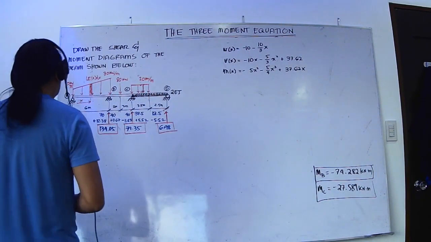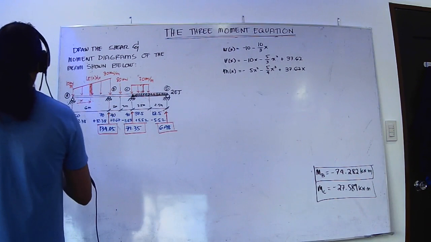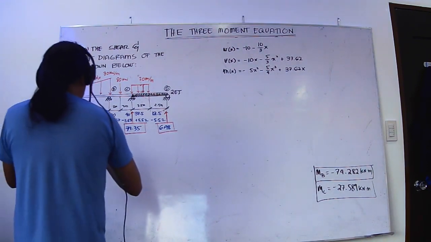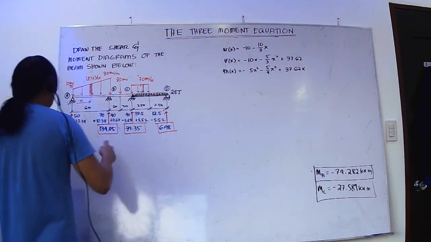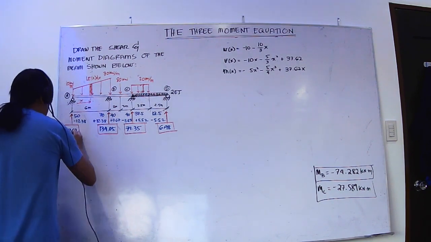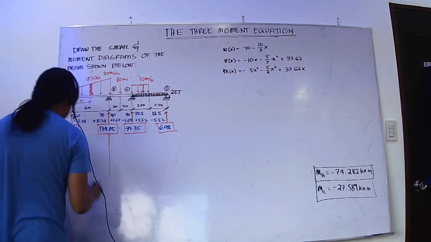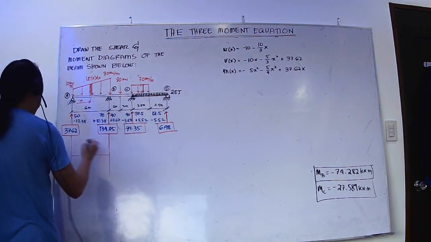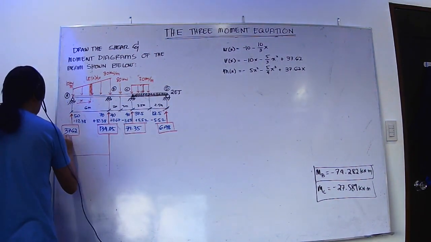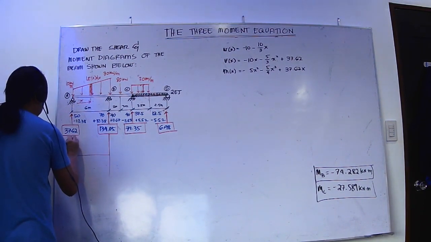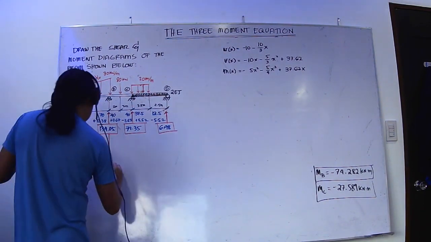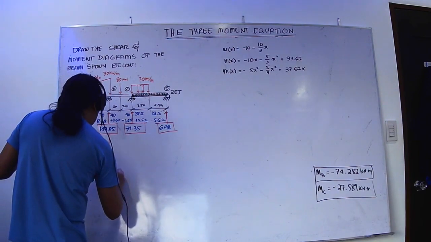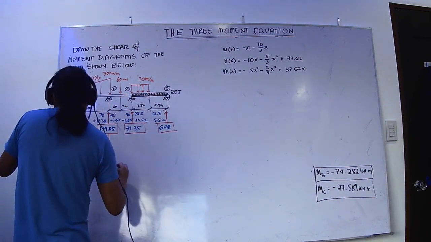Now we go to plotting. Basically you plot it using your calculator. We have the equation, so it's just 37.62 and then negative 82.88.